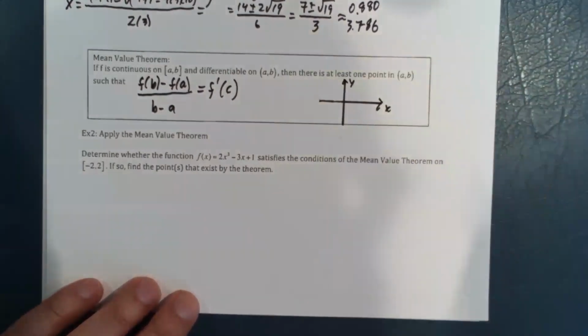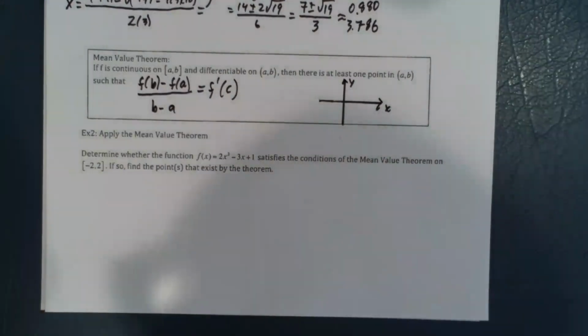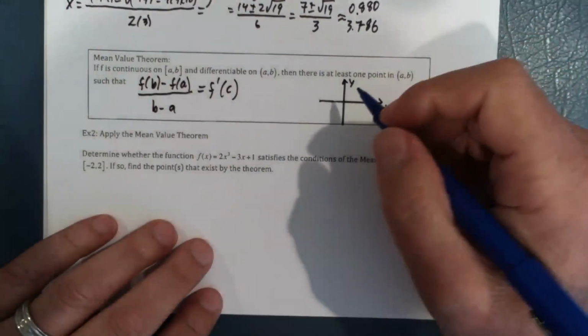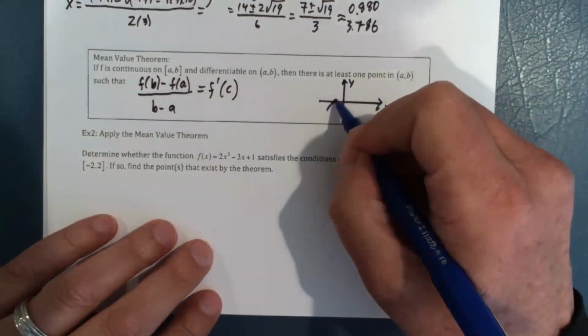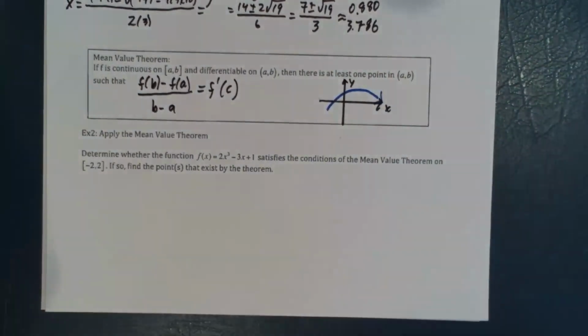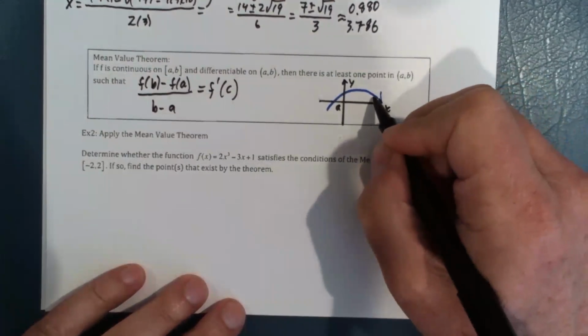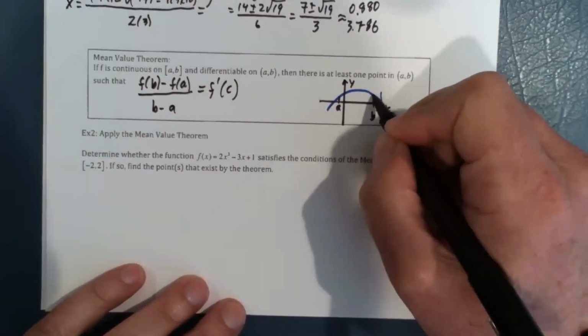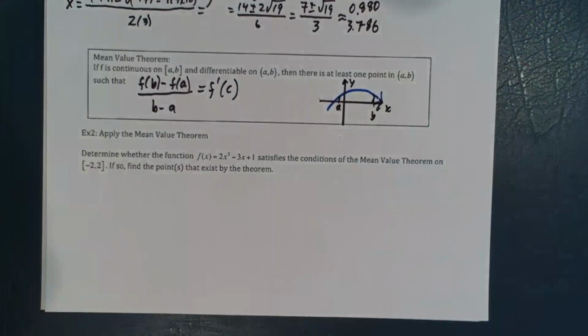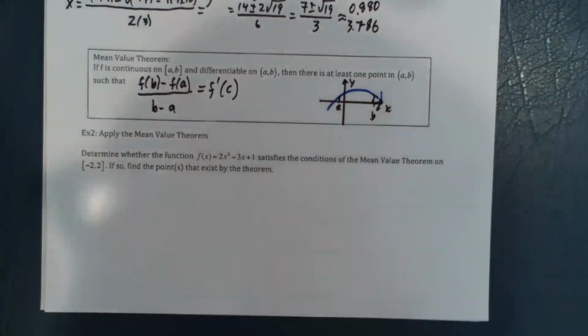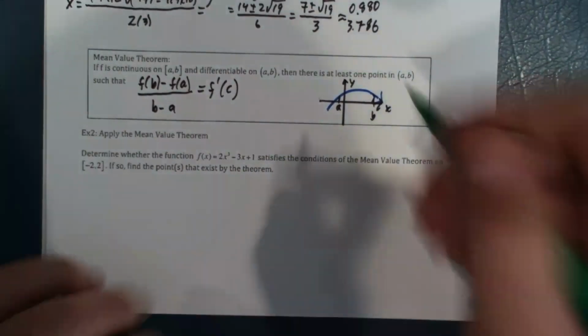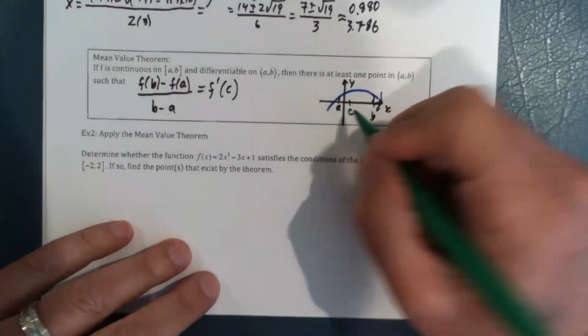This will make a little bit more sense. So if I have a function that's doing something like this, it doesn't matter. The point is, on the interval from a to b, what we're going to have is the slope of the tangent line at a point c. We'll call this c here.